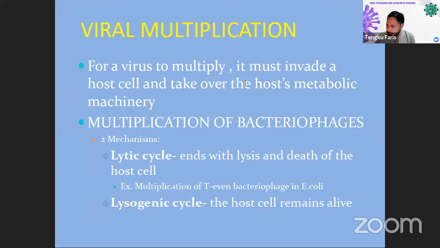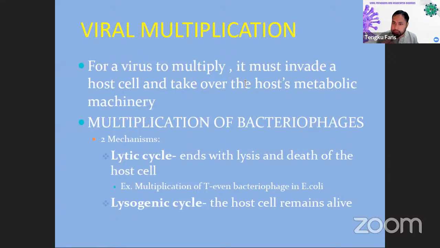Viral multiplication. This is the next stage, which is also quite important for short-answer questions. I think some of them might be important for the multiple choice in your examination. For a virus to multiply, it must invade the host cell, as I mentioned earlier, and take over the host metabolic machinery. So you have your own cells.